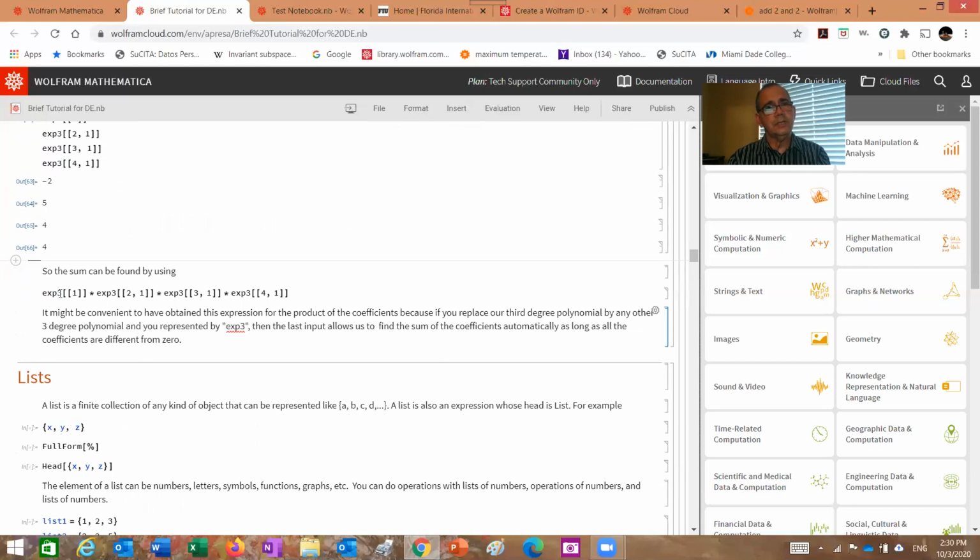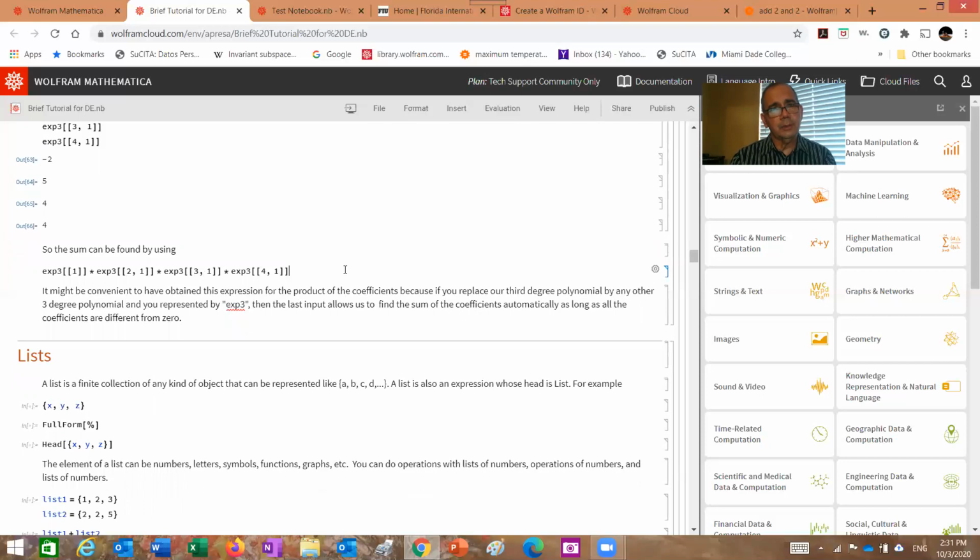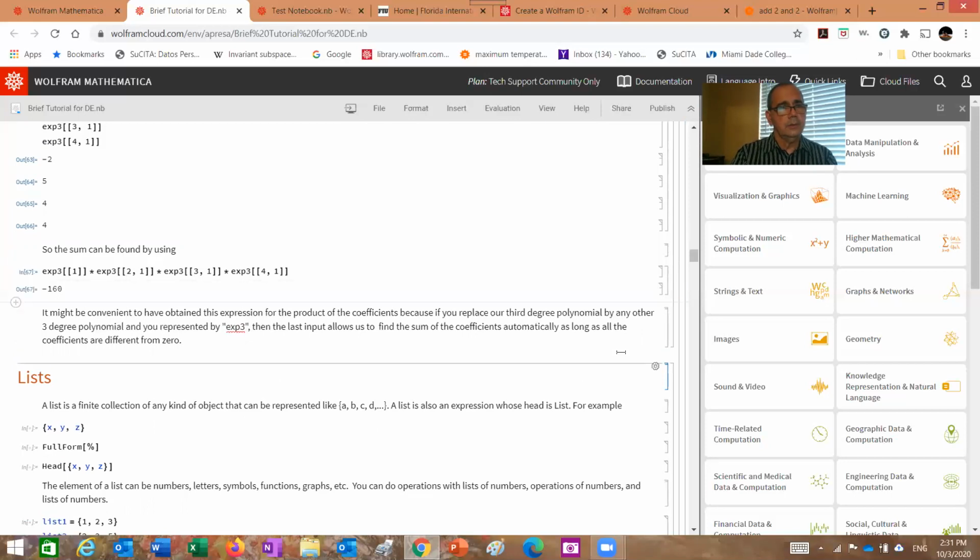The only thing that you have to do is to multiply all these expressions. exp3 double bracket 1 times the other one here with double bracket 2,1, and the other one here in between double brackets, the 3 and the 1, and so forth. And when you do that, you get the multiplication of these numbers, which is -160, isn't it? So it's going to be -160.